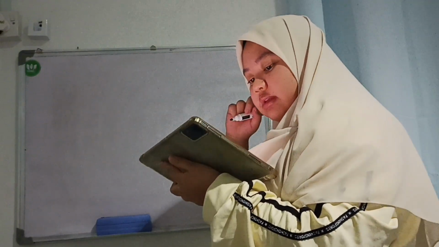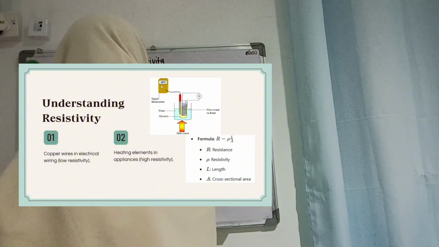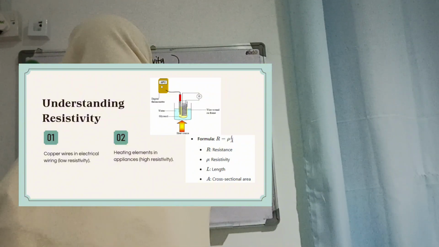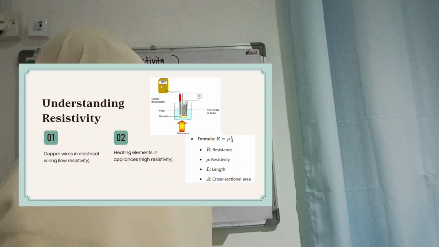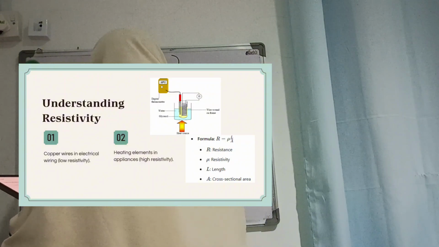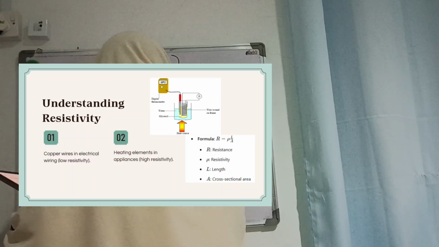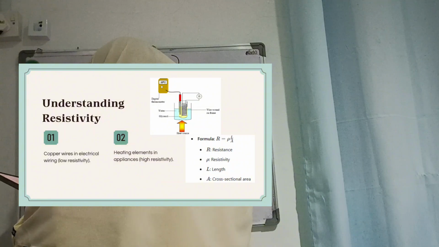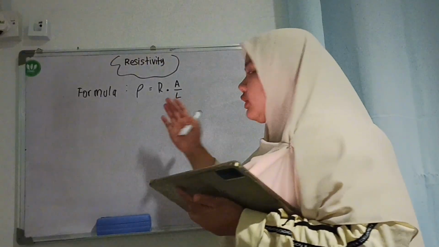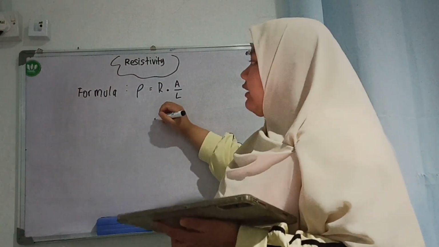So the formula for resistivity will be ρ is equal to R times A over L. So what exactly do these letters stand for?